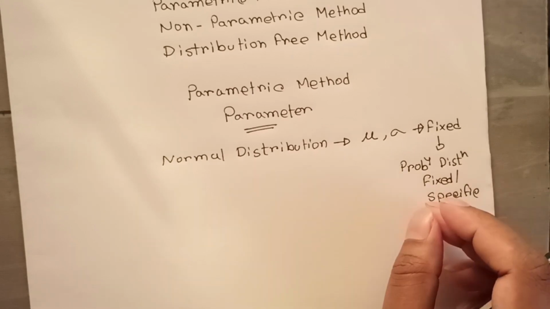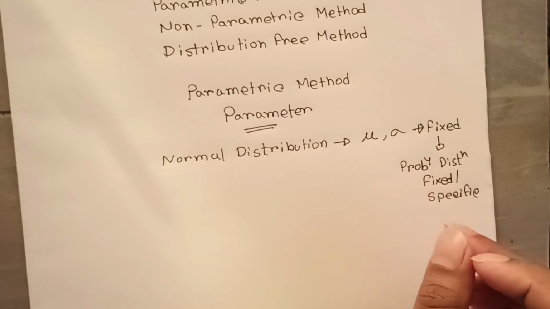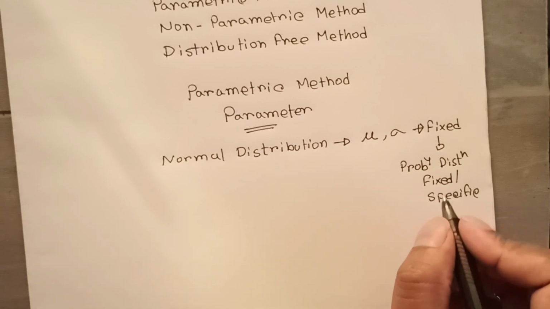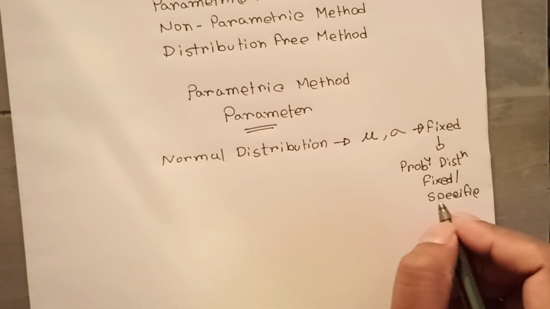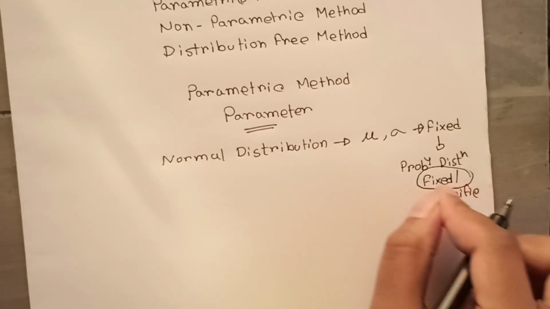So now we will be able to understand what exactly the parametric method is. The parametric method is a statistical method which assumes that the data come from a fixed or specific probability distribution.